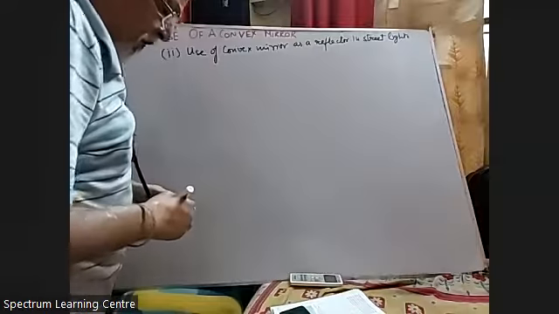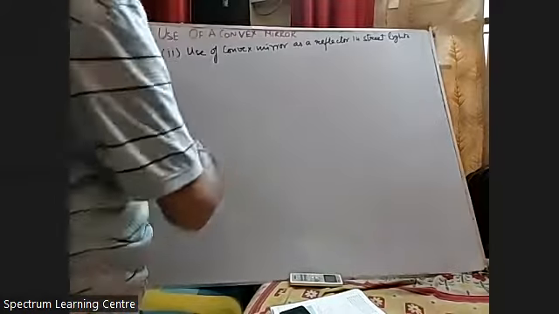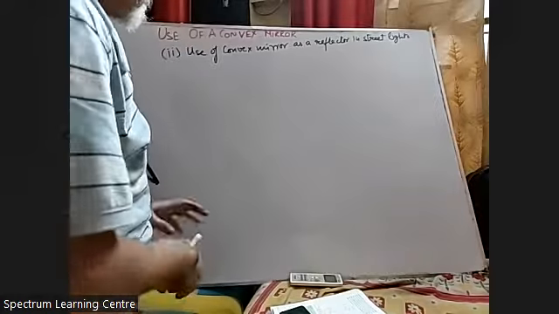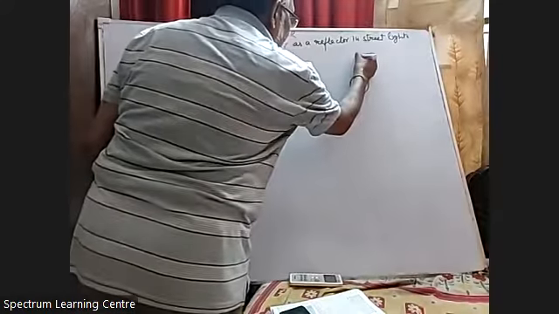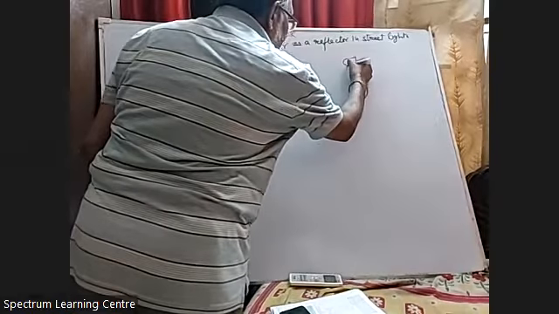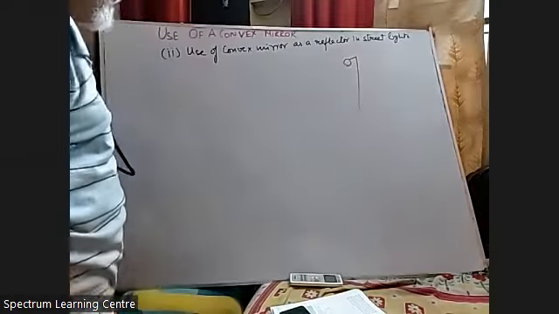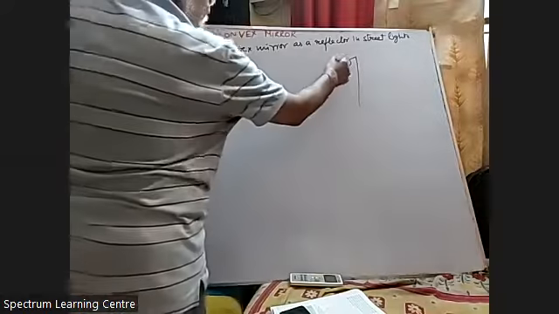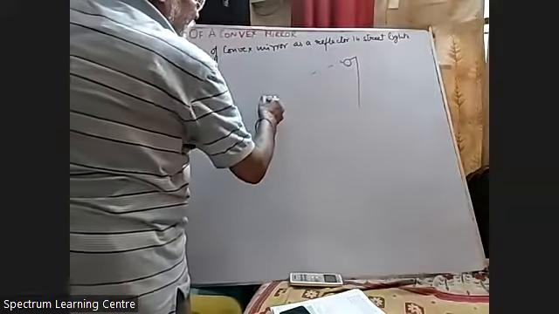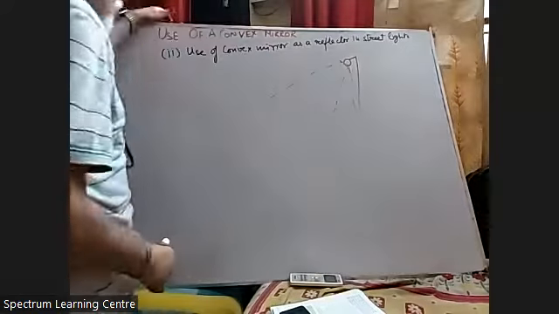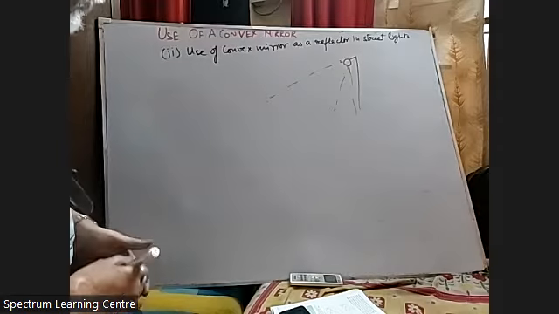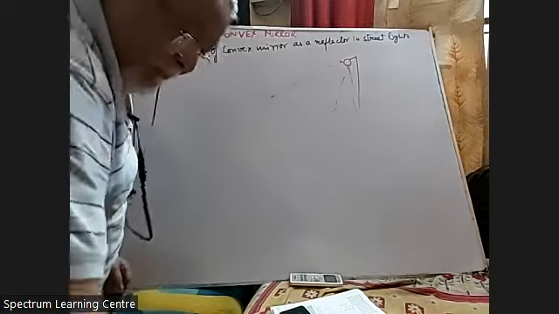Now, what is the objective of a street light? It should diverge the light. We all have seen a street light looks something like this. There is a bulb, right? It should spread at a very large distance, or not?